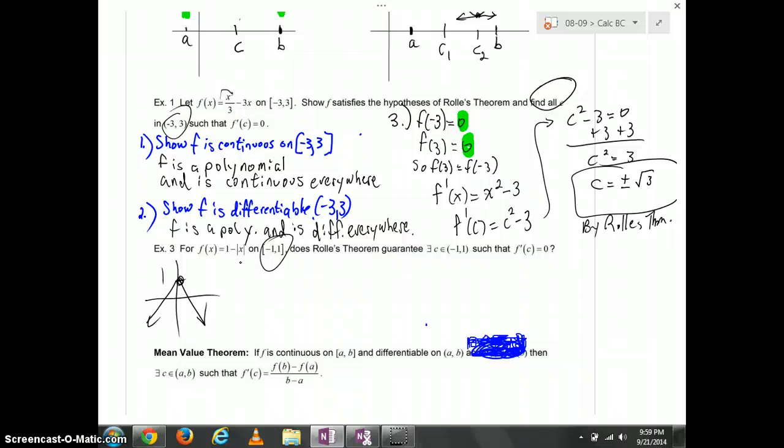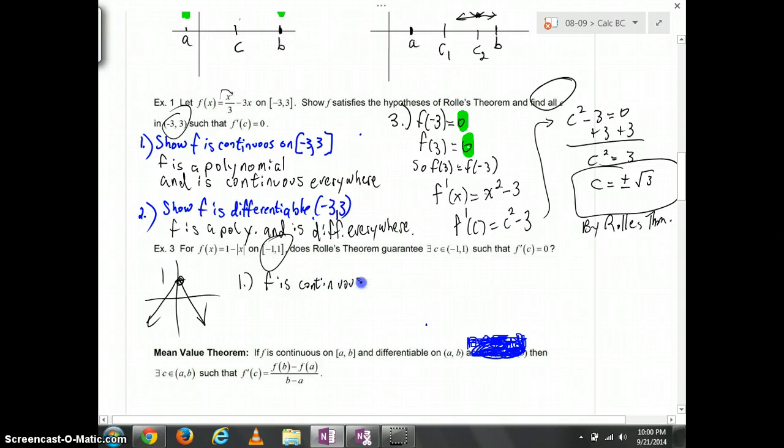Well, we would have to go through our checklist. We'd say, well, is f continuous on that interval? We could quickly say that it is.